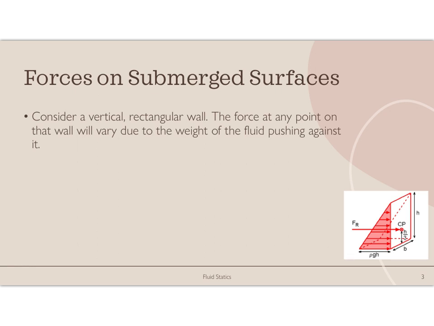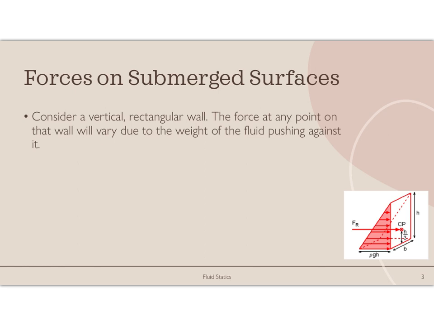Let's look at the resultant force on that wall if we neglect or ignore for the moment the atmospheric pressure. We would typically define pressure as force per unit area, but we can think of that alternatively as the force is the integral of the pressure over the area.